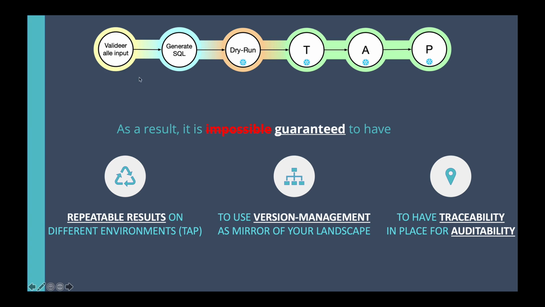So having these 6 steps in place, combined with a set of templates, will guarantee you to have repeatable results on different environments, to use version management as a mirror of your landscape, because like you could see, all the SQL that is in our repo is also represented as actual objects in Snowflake. And last but not least, we have traceability in place, which allows for auditability.